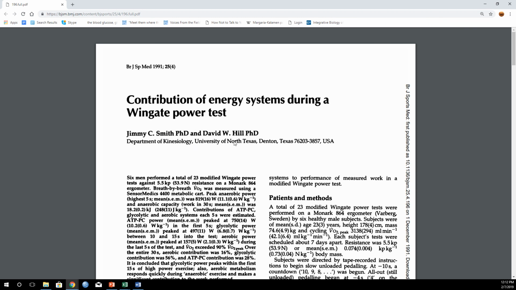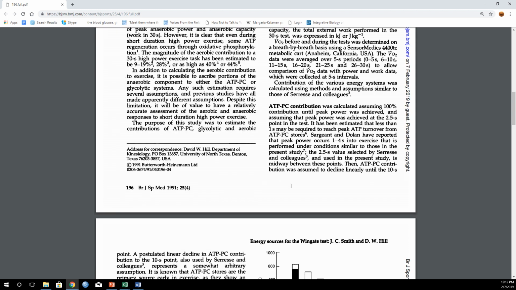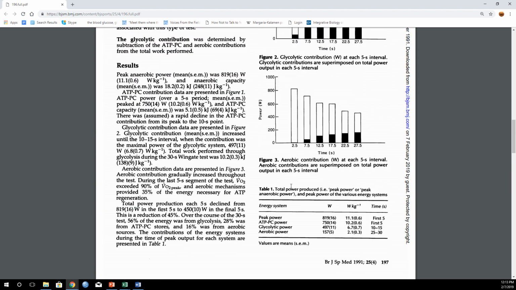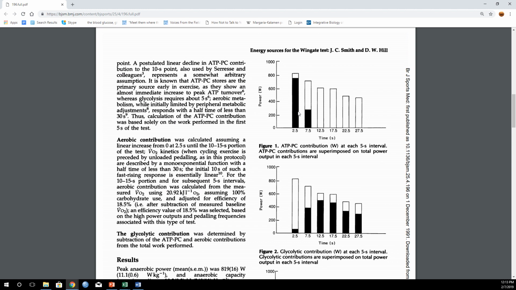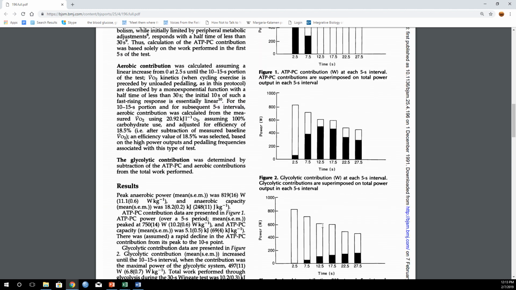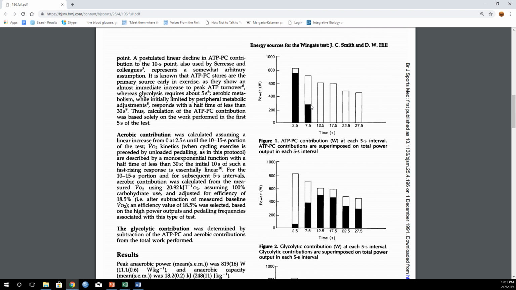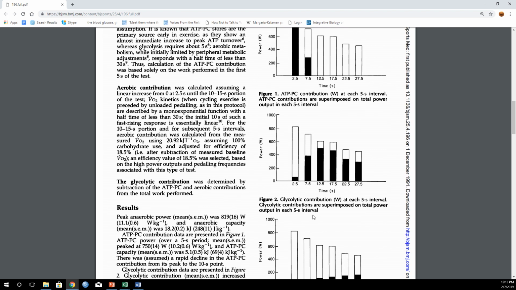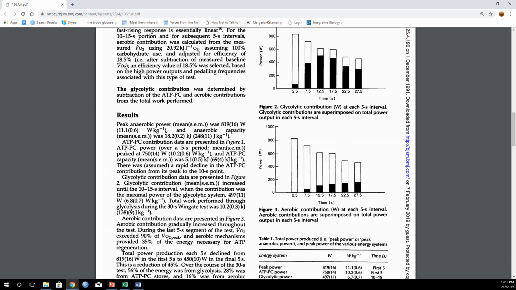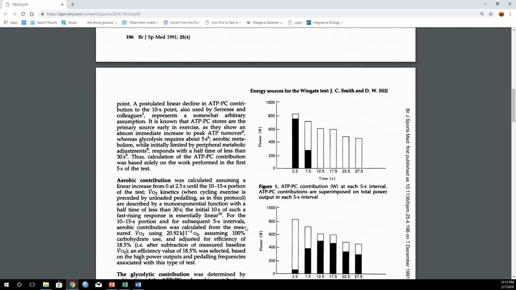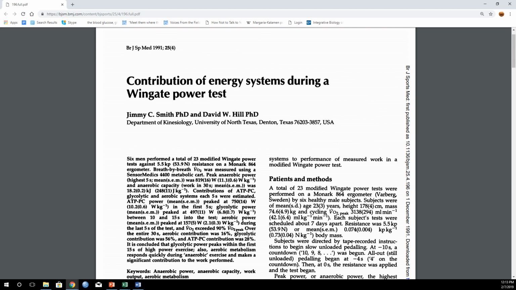And look at that, University of North Texas, Denton, Texas. That's actually the town I grew up in, so it's pretty cool. I'm going to post this paper on Canvas too if you want to give it a read. How I derived these numbers was really just by following along with these values. So here's the contribution ATP-PC, glycolytic, and then aerobic. And if you want to check me on some of that, you certainly can. However, I probably did it close enough.